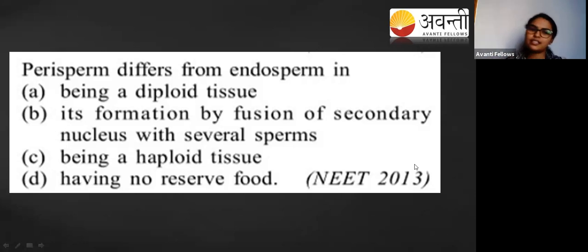Likhit, Jayan, Sinchana, I want you to look at the options once again. Deepika, superb. Shalini, once again look into the options.